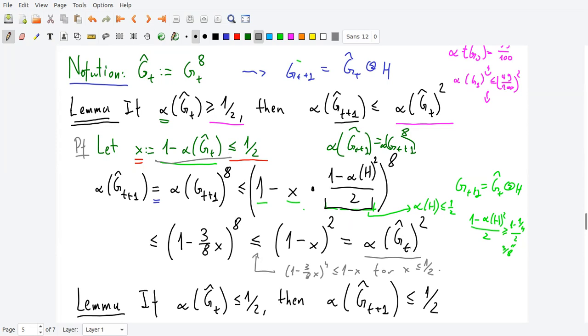Good. So here the idea is that because of this zigzag product, the spectral parameter gets a little bit worse. It is multiplied by this 3/8, which comes from this factor from H. But we are anyway taking the whole graph and taking its 8th power.